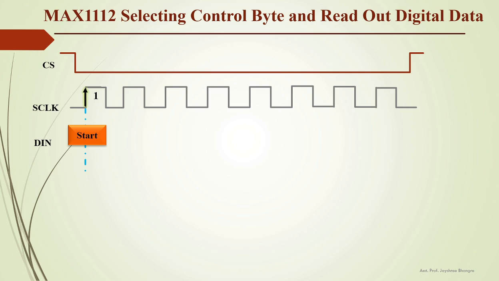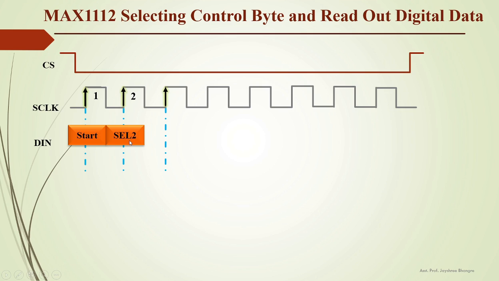Then for the next rising edge, that means for a positive edge, that is the low to high transition of the second clock pulse, the second bit of the control byte will be sent. As it is a serial communication, SEL2 will be sent first.